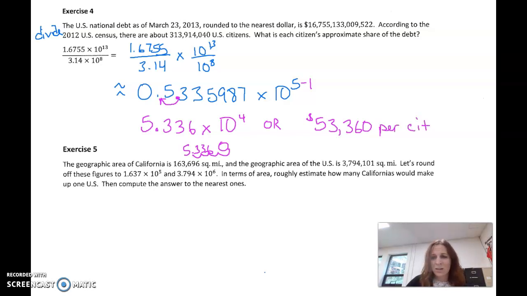Ouch. So we could approximately figure out how much debt per citizen we have here using scientific notation.